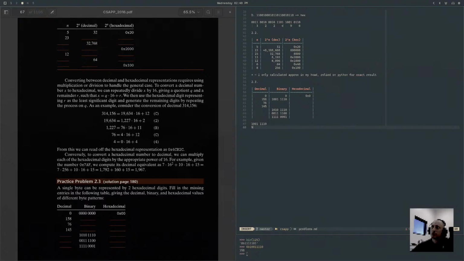And the other value is going to be E. If we do 0x9e, bam. 0x9e. Look at that. Beautiful.